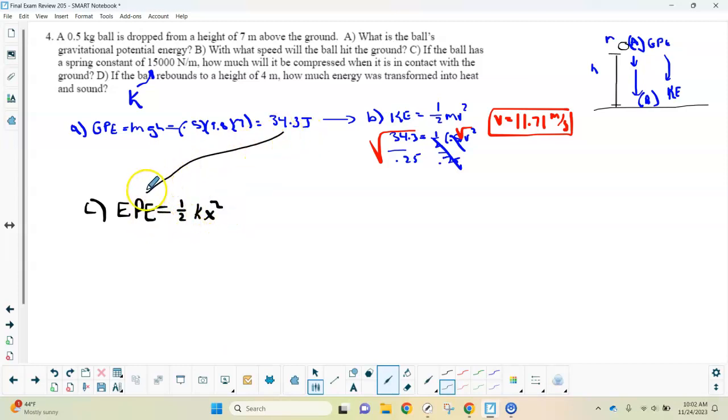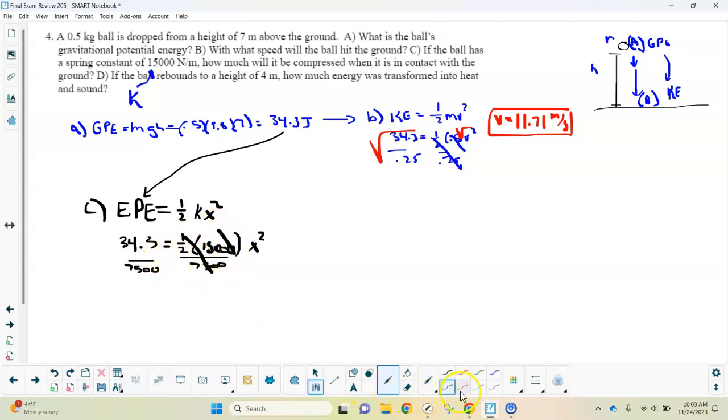And we're looking for x, how far it's stretched. Our elastic energy is the same as the energy that we started with, so we're going to assume that all that energy is converted into that. So 34.3 equals 1/2 times 1500, and then x squared, x is the compression, so that's what we're looking for. So 750 is half of 1,500, so we're going to divide both sides by that. So those drop out.